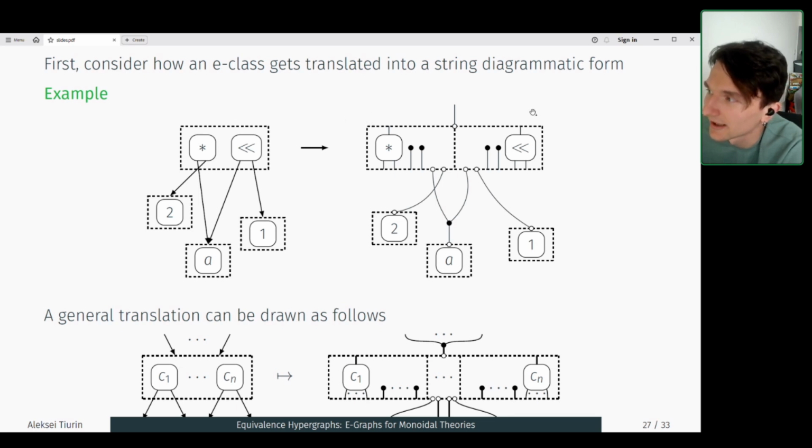So similarly, we introduce a hierarchical box, but we supply it with an input for each input of the generators within the box, and we distinguish the components with the dashed line. And we also supply the generators with additional deletion generators.